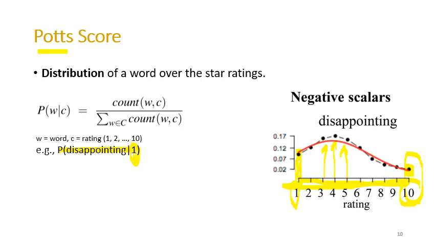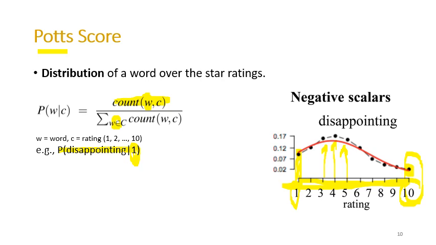So we can count how many times the word W, here let's say disappointing, appears in the reviews with rating 1, divided by all the words in the reviews with rating 1. So that becomes the probability of, given that we know the review is rated 1, what is the probability we will see the word disappointing?